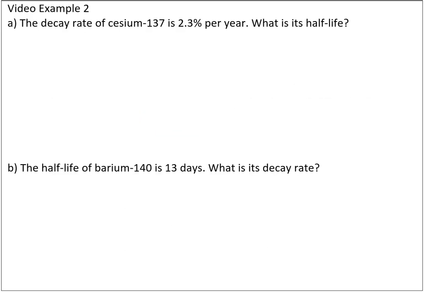In video example 2, we have the decay rate of cesium-137 is 2.3% per year. So our k would be 0.023. And then it asks, what is its half-life? And so we're solving for t. We know that k times t is equal to natural log of 2. So keeping the t here, we want to take ln of 2 and divide by k.